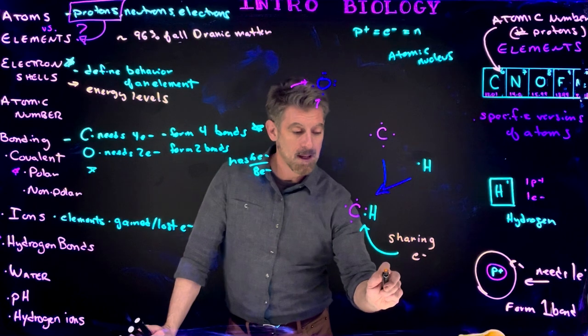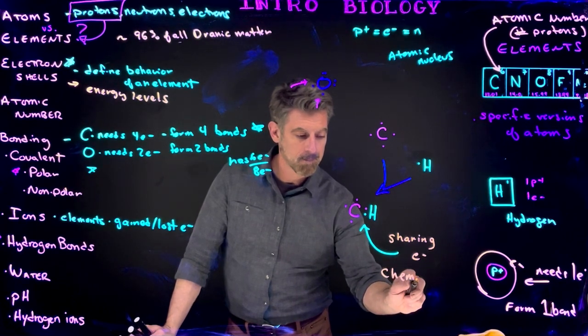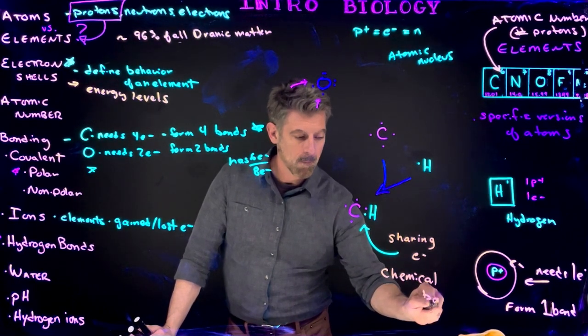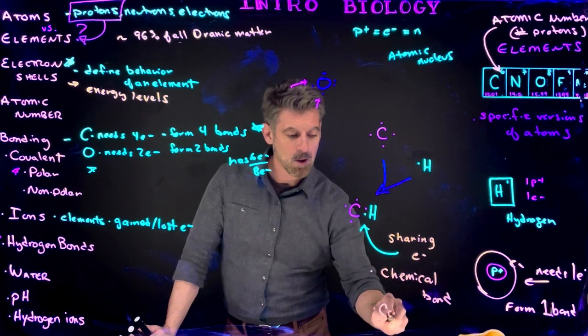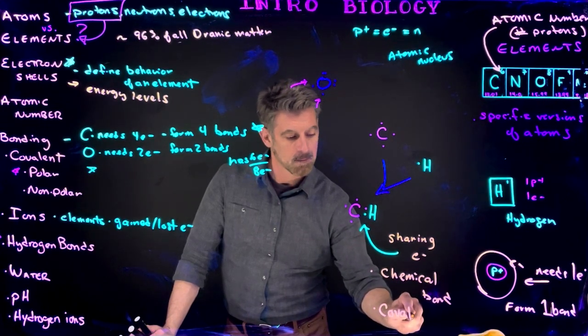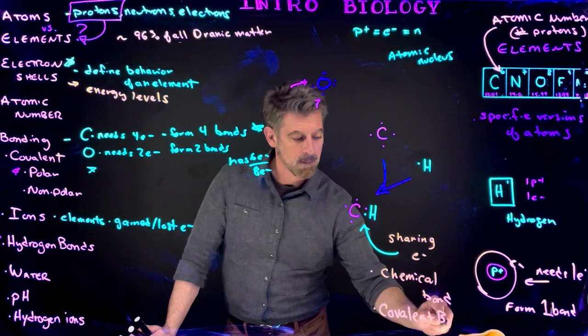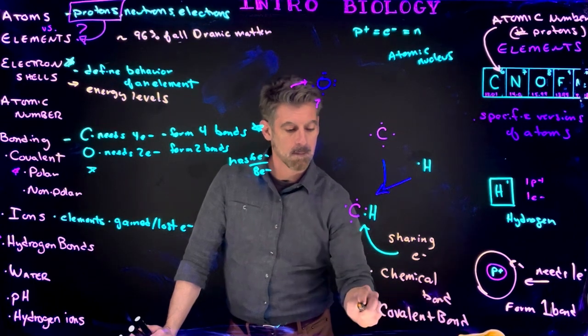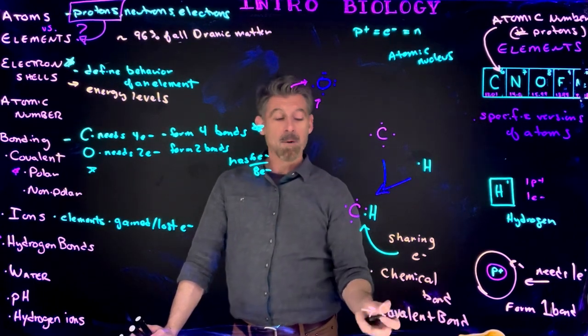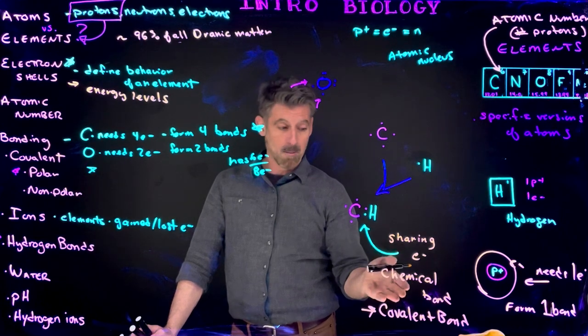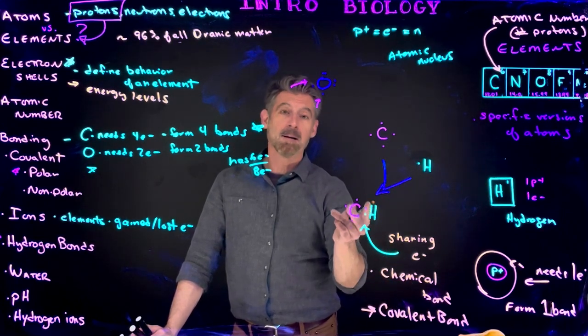And that is a chemical bond. That's called a covalent bond. A covalent bond is a type of chemical bond where elements share electrons with one another.